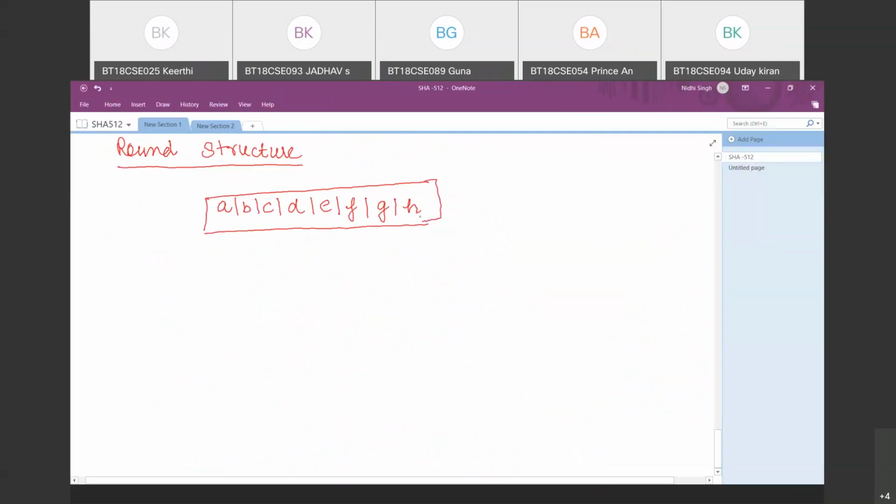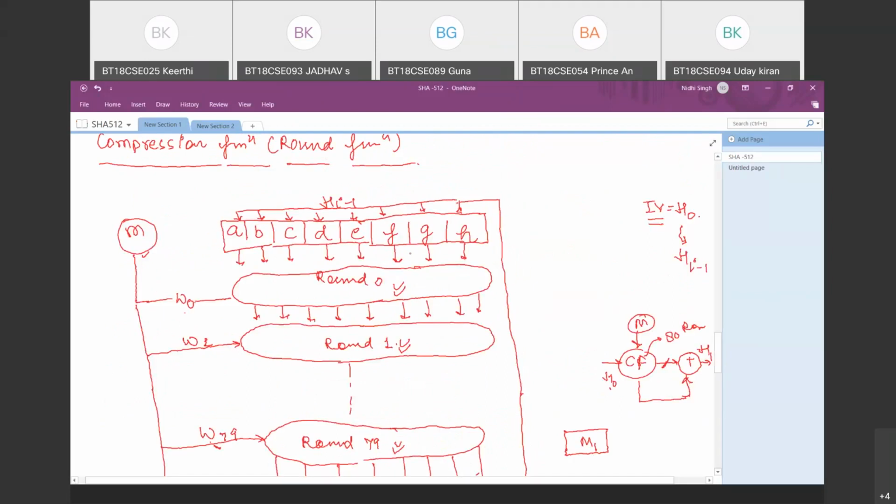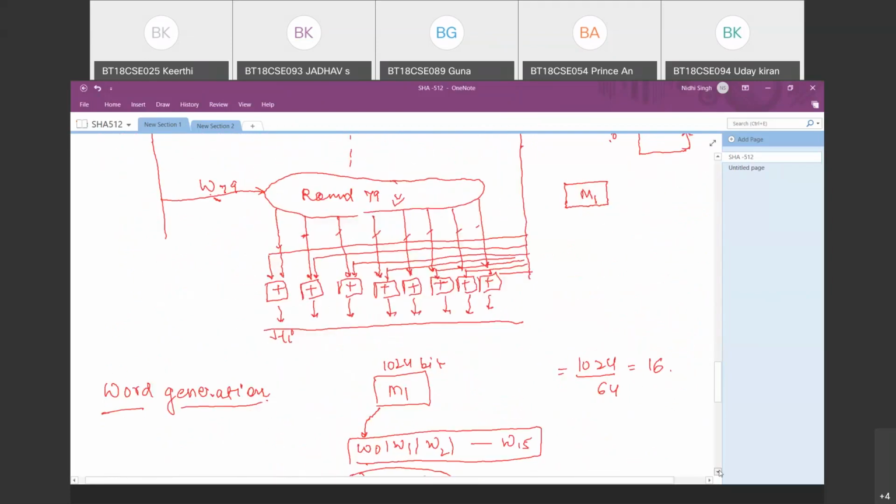So this is your buffer value. And what is the output of the round? The output of the round is again stored in the buffer. So again you have to draw a buffer for the output of each round.